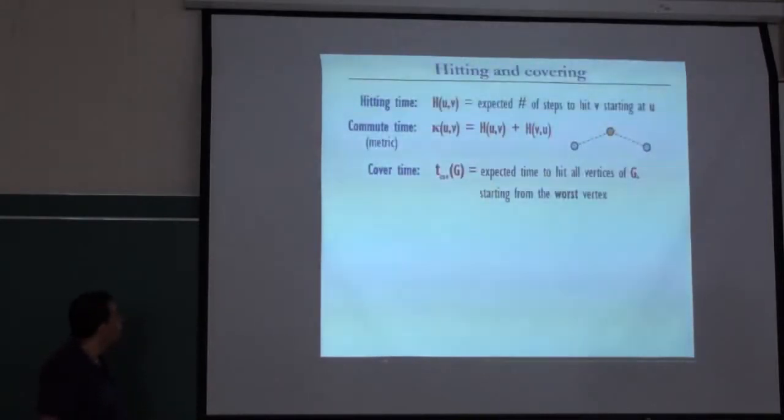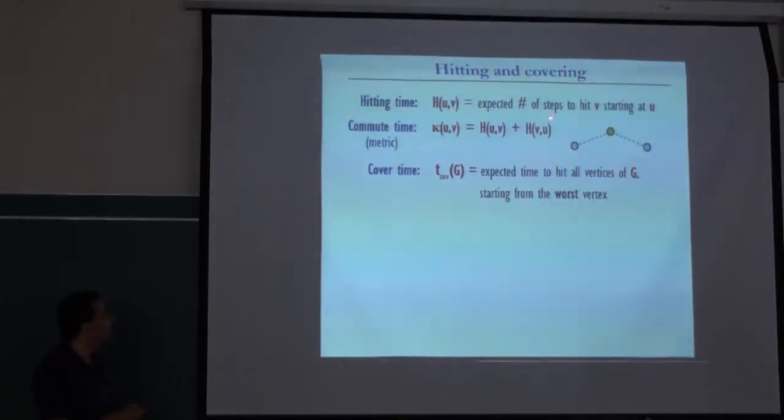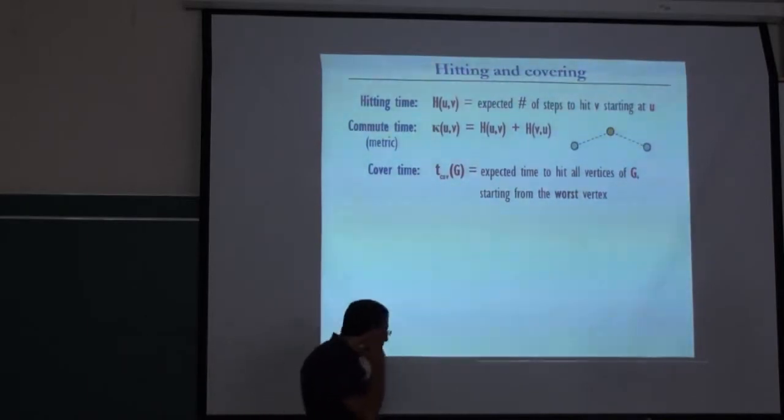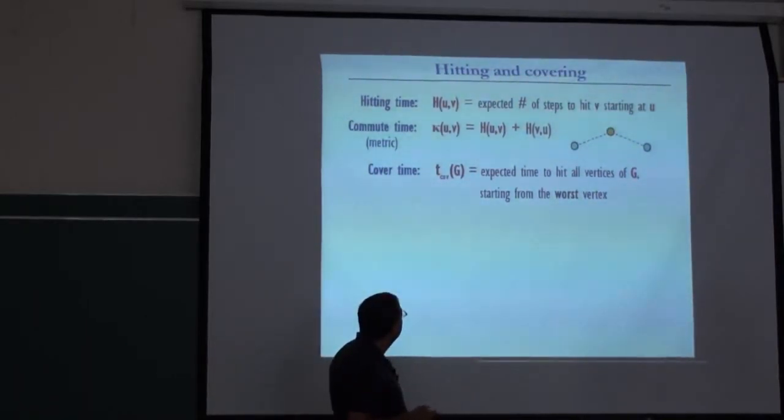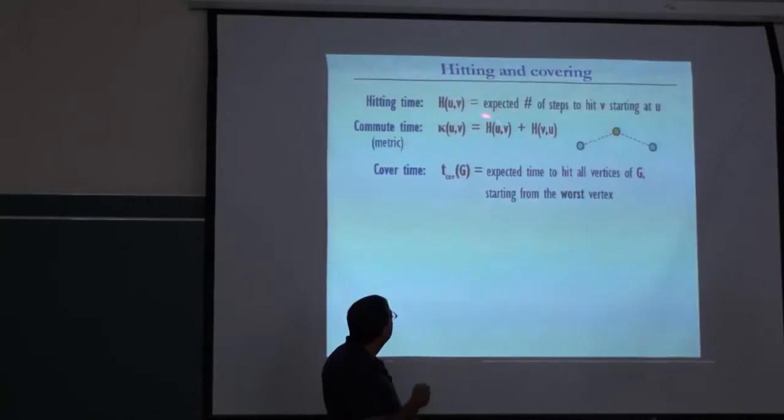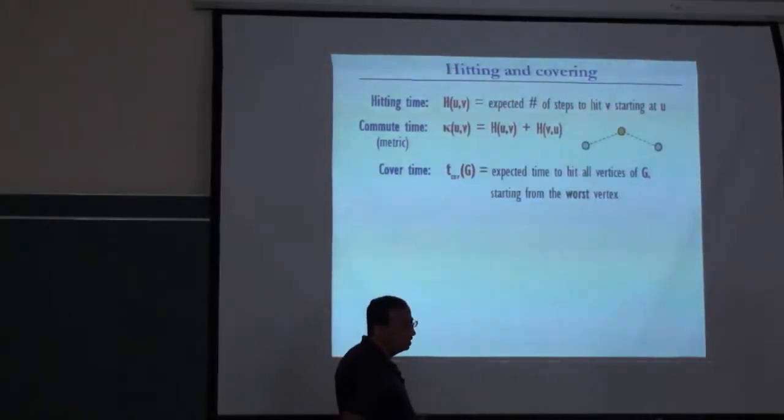Okay, so here's some notation. h(u,v) is the expected number of steps to hit the vertex v starting at u, and these hitting times are nice in several ways. One, they can be computed, as I'll recall. Second, they satisfy a triangle inequality.